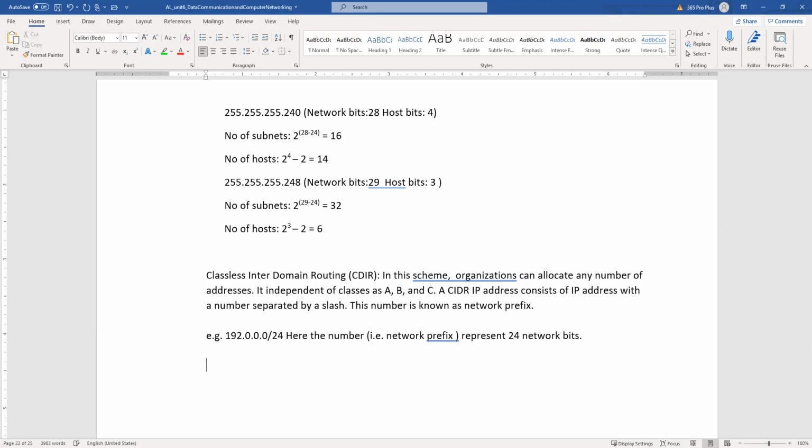It's very simple. Usually you have an IP address, a slash, and a number. I told you the number is a prefix, and this represents the 24 network bits. Simple as that.